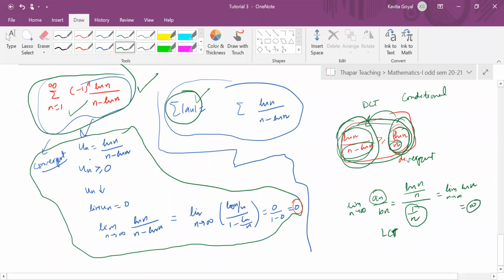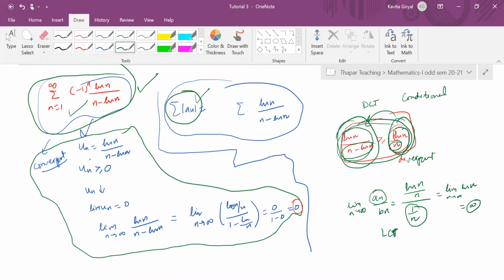Ma'am, what do we have to write, that the original series is convergent or conditionally convergent? Both are the same in a way, because conditionally convergent means the original series is convergent plus one more extra condition.